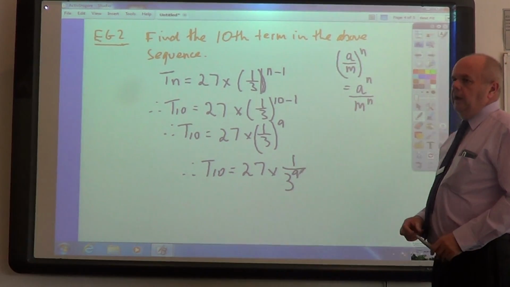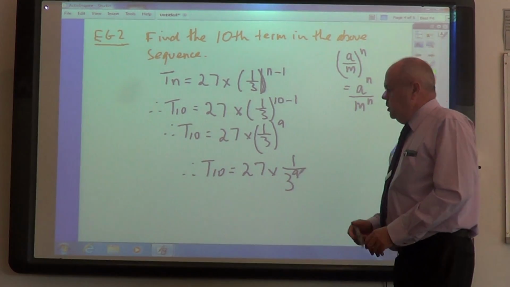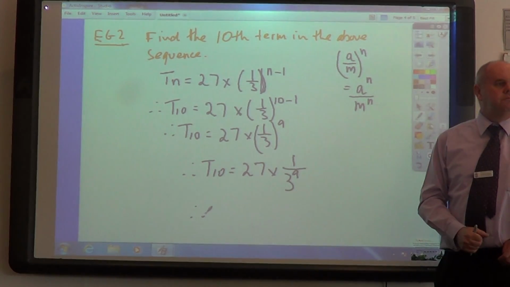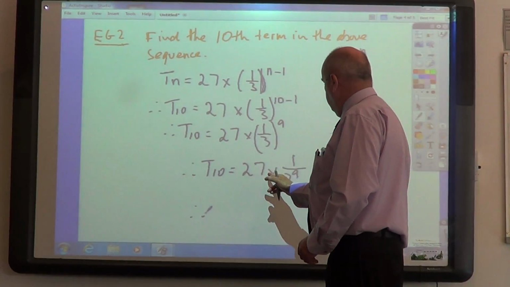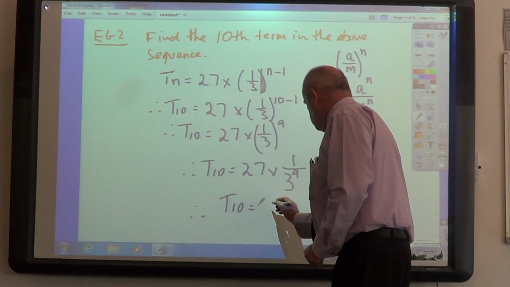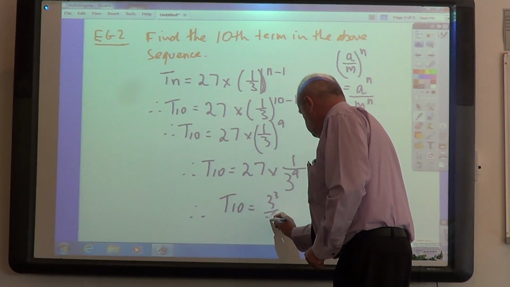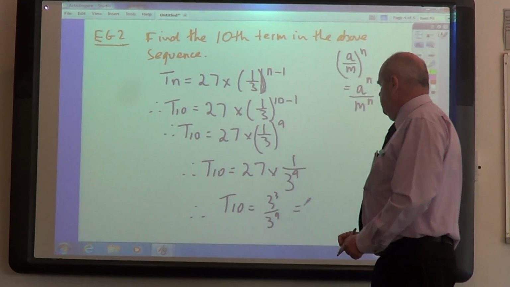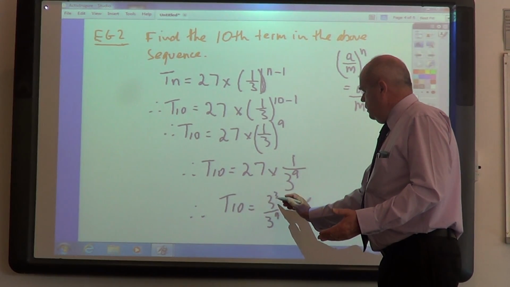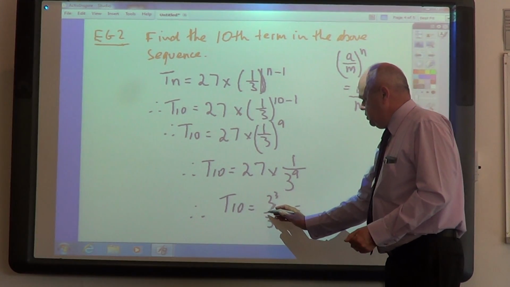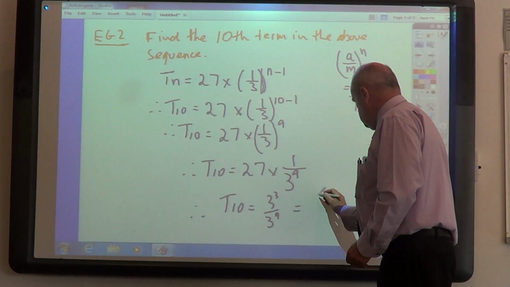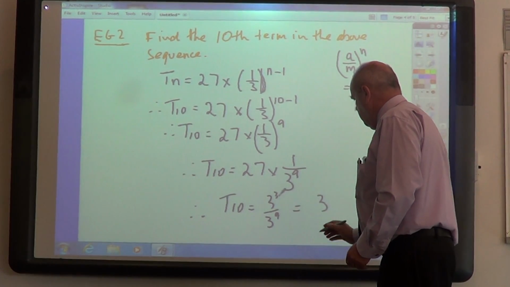You could go to your calculator at this stage and key that in. Of course, some of us might have a bit of experience and say, well, just a minute, 27 is 3 to the power of 3, isn't it? And 3 to the power of 3 times 1 is 3 to the power of 3. So really we could simplify that, dividing one number with an index by the same number with another index. 3 take 9 is negative 6.